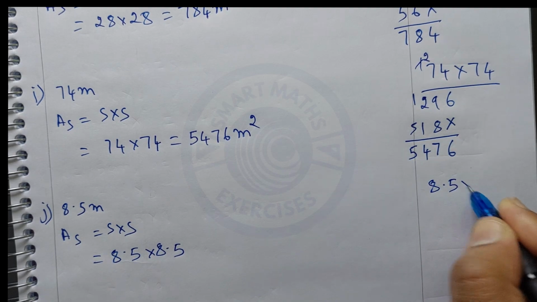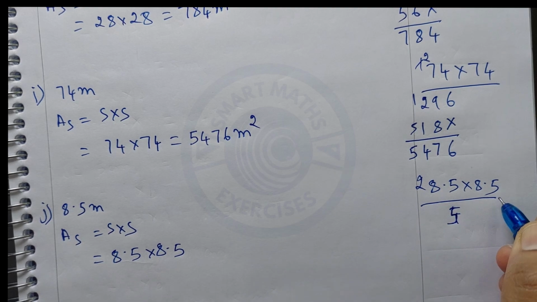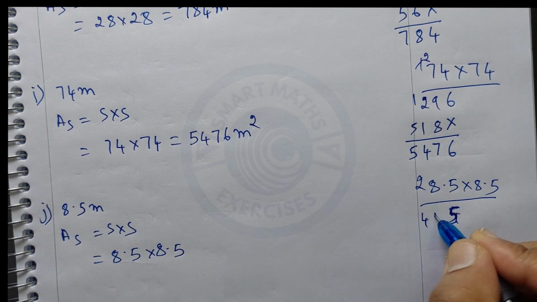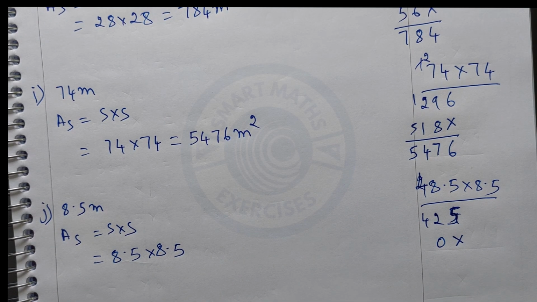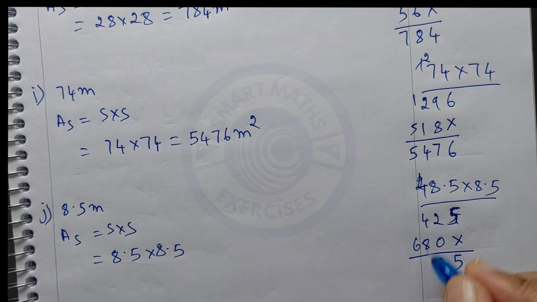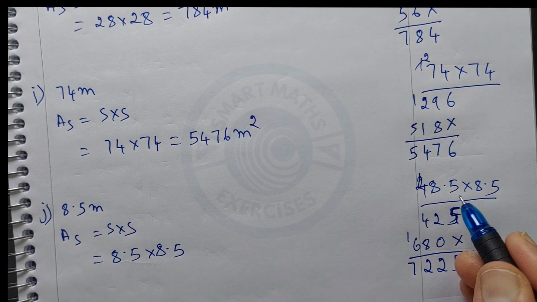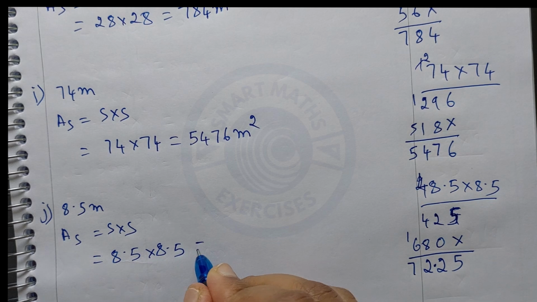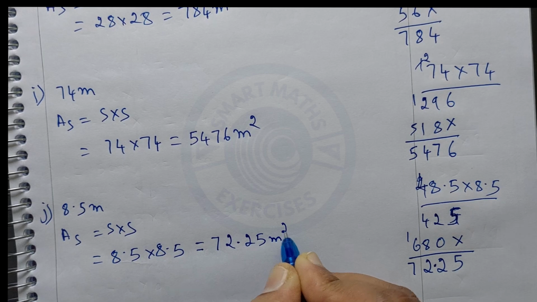Multiply 8.5 into 8.5. 5 5s are 25, 5 8s are 40 plus 2, 42. 8 5s are 40, 8 8s are 64 plus 4, 68. 5, 2, 4 plus 8 is 12, 6 plus 1 is 7. Decimal point after 2 digits. So answer is 72.25 meter square.